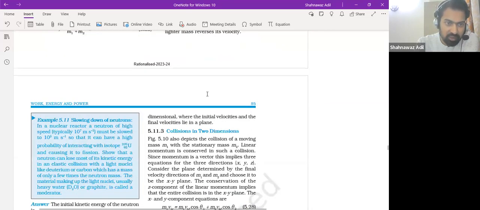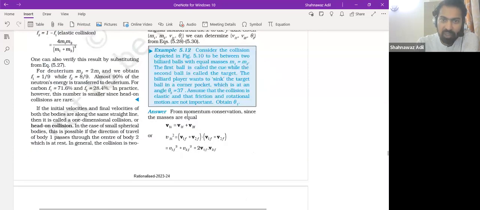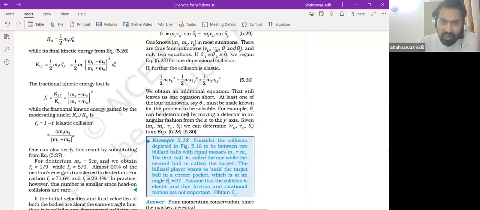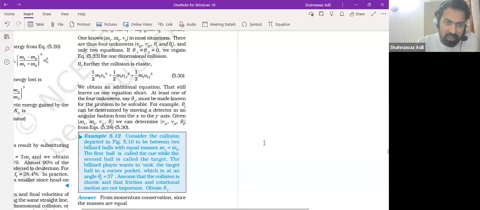Consider the collision depicted in 5.10 to be between two billiard balls with equal masses. The first ball is the cue ball, while the second ball is called the target. The billiard player wants to sink the target ball in a corner pocket, which is at an angle of theta 2, which is 37 degrees. Assume that the collision is elastic and the friction and rotational motion are not important. So obtain theta 1.